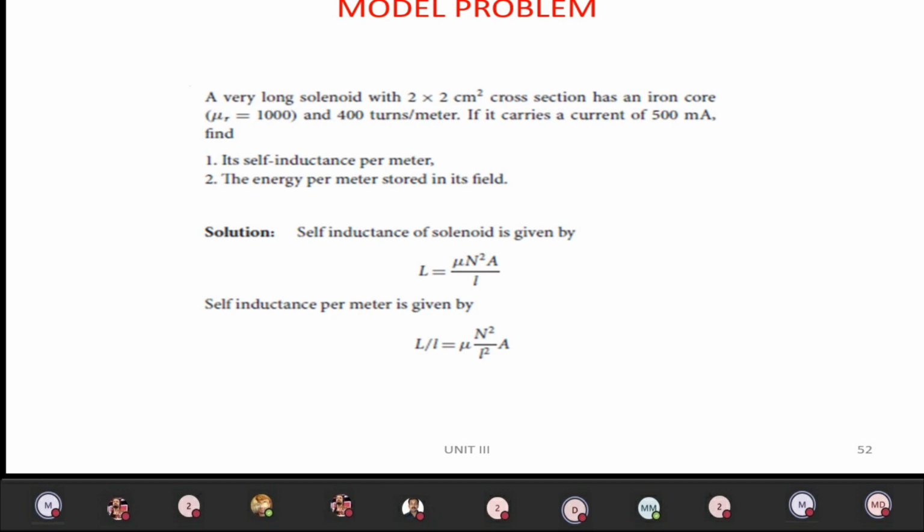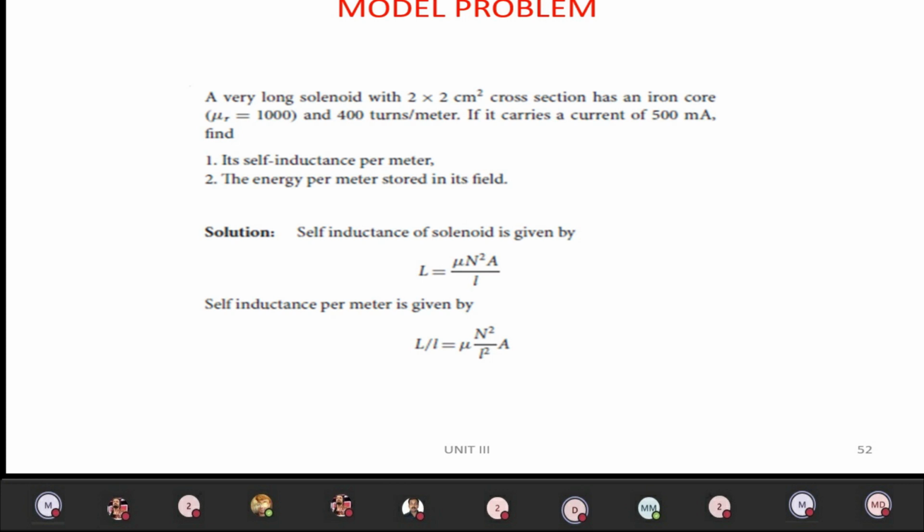Okay, that's what you will have as L by l. Inductance per length means dividing by l on both sides, left hand side and right hand side. L by l equals mu n square by l square into A. So n by l value is given in the question: 400 turns per meter. That is nothing but n by l.